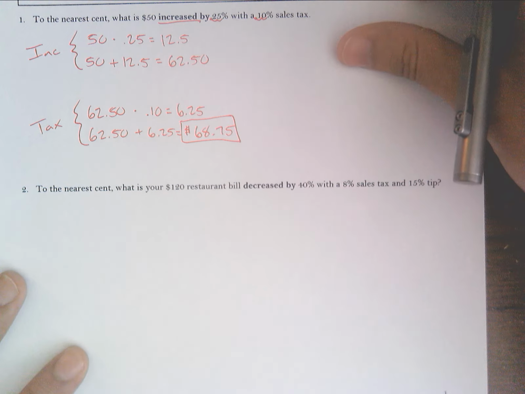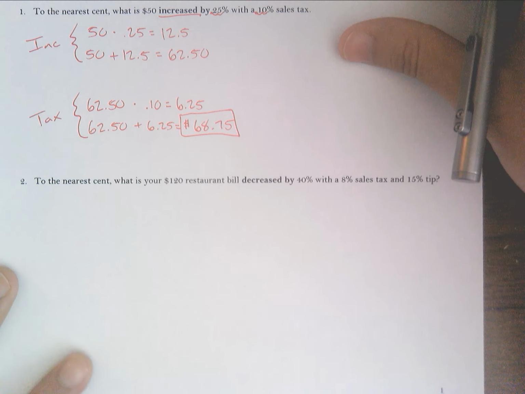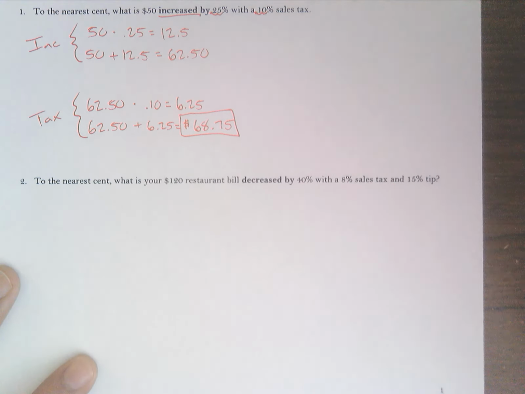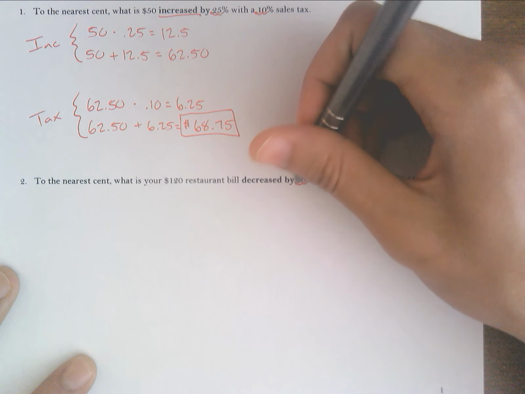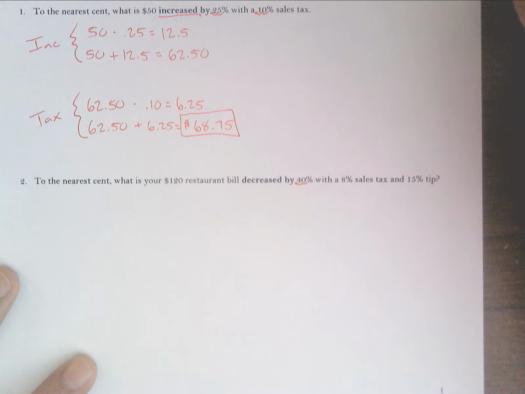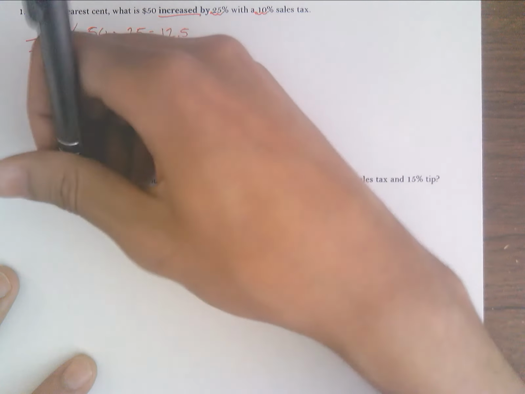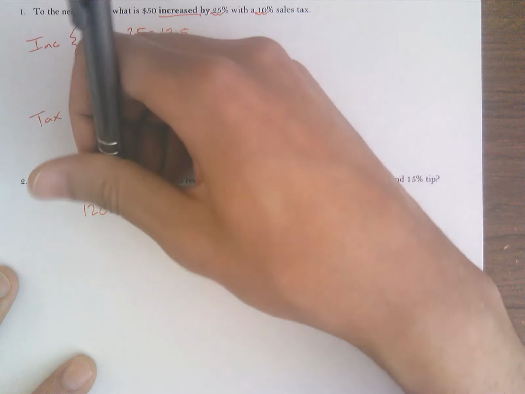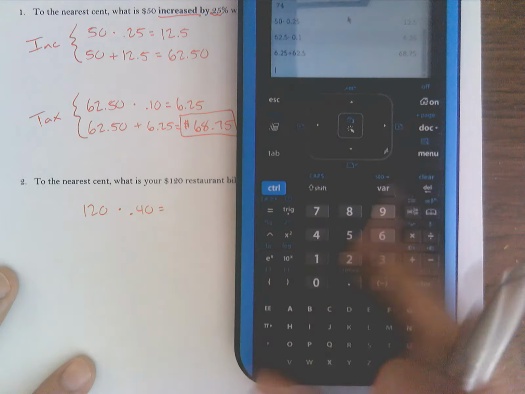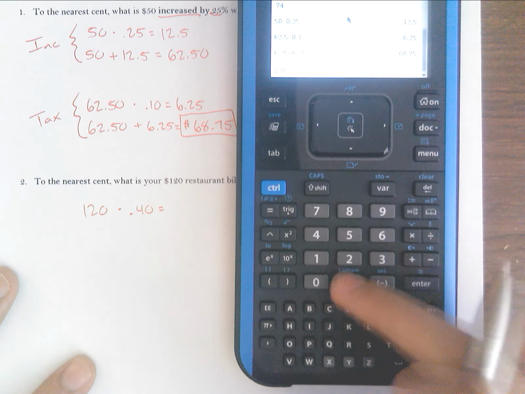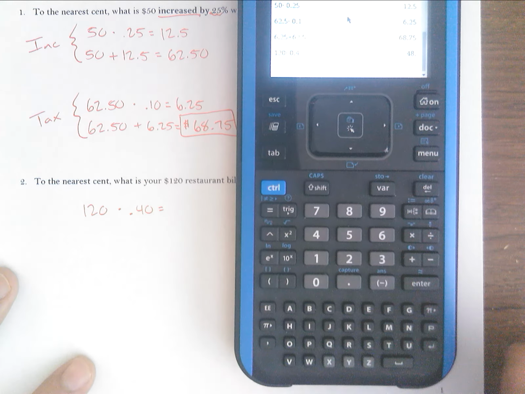So here, our restaurant bill is $120, and we want to decrease it by 40%. So again, 40% as a decimal, we move the decimal place over, and we have 0.40. So 120 times 0.40 gives us 48.